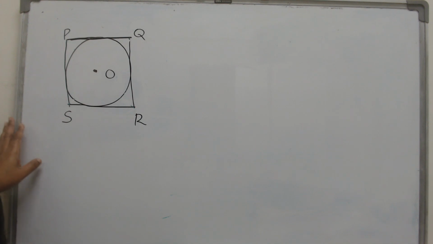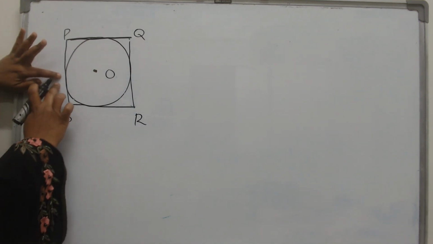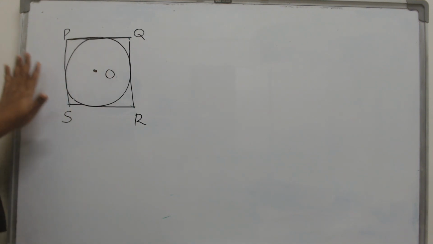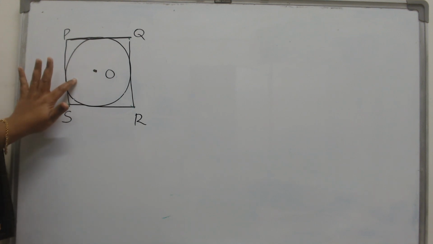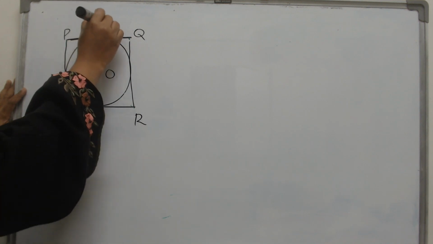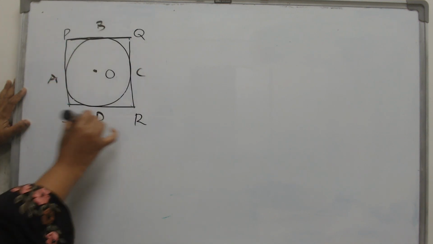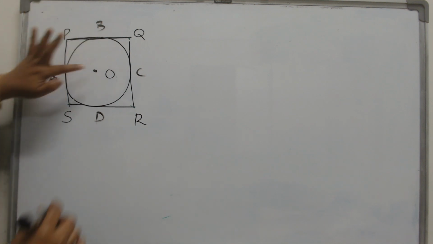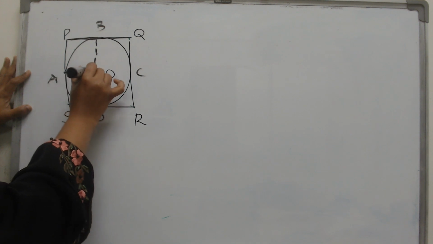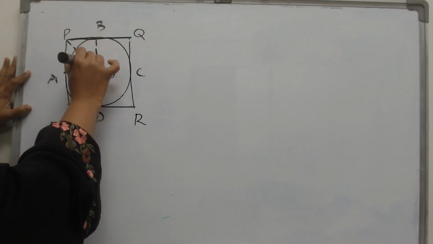Now we go back to our original illustration, a poor old quadrilateral which chose to circumscribe a circle. You see these points of contact? We said circumscribe means touch each of the sides, have only one point of contact, right? So first we will name those points of contact as A, B, C, D. And what we will do is go to one corner and make two such triangles.